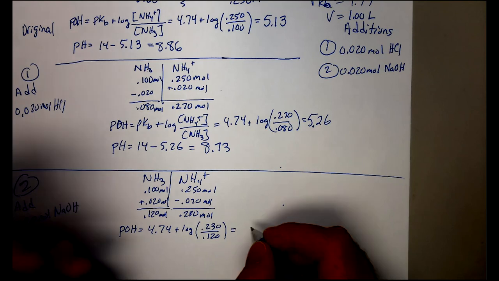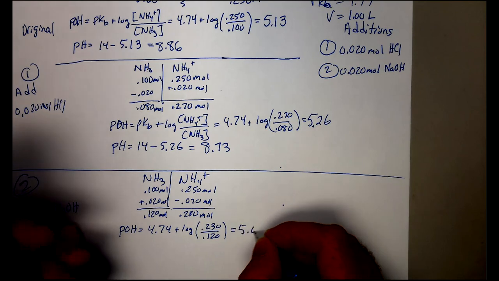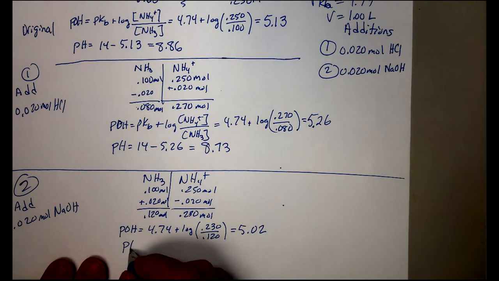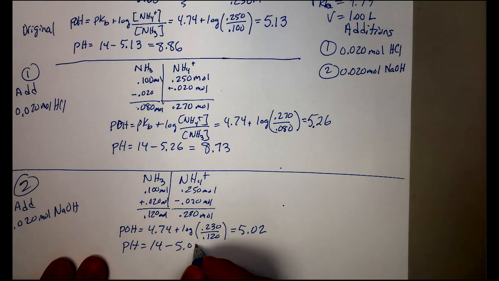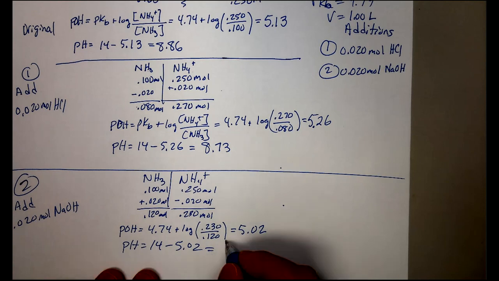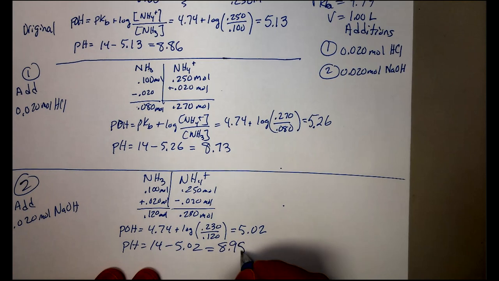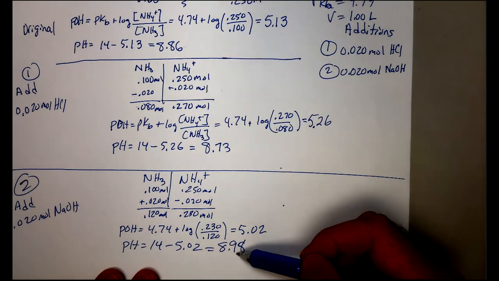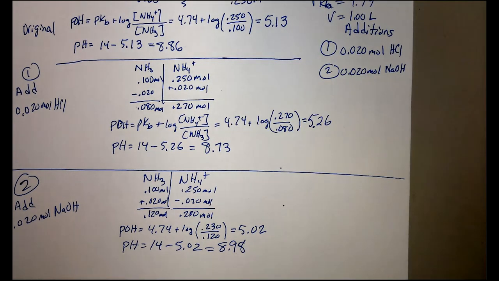And so our pOH is 5.02. And so our pH for that buffer is going to be 14 minus 5.02, and so it'll be 8.98. And so you can see it went up a little bit, but not a lot.